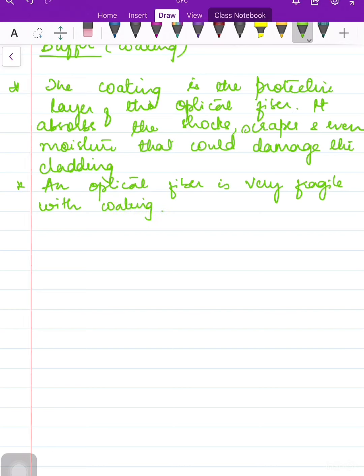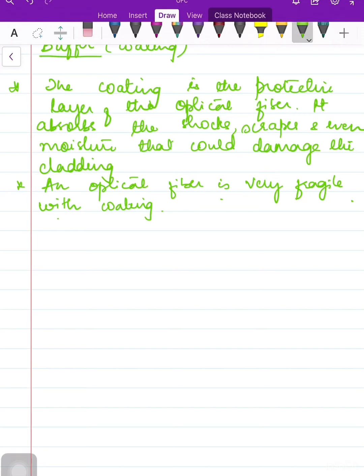A single microscopic nick in the cladding. I think you can just skip this one, that's not so important a point.